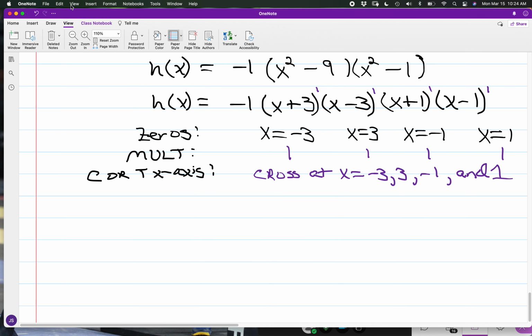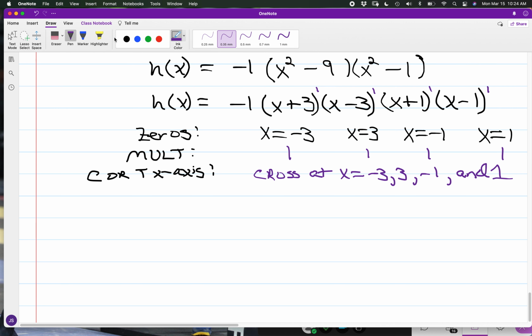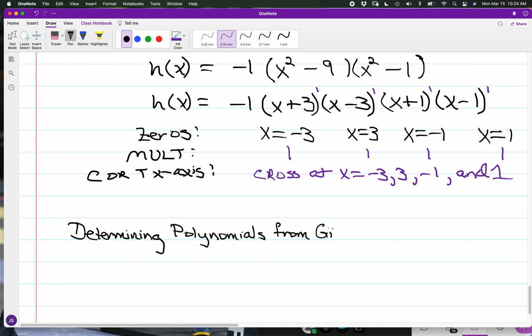Okay, and say that from what we have here. Okay, so determining polynomials from given zeros and multiplicities.